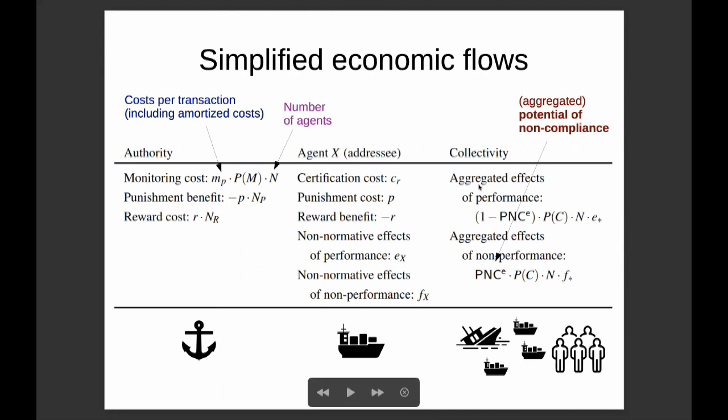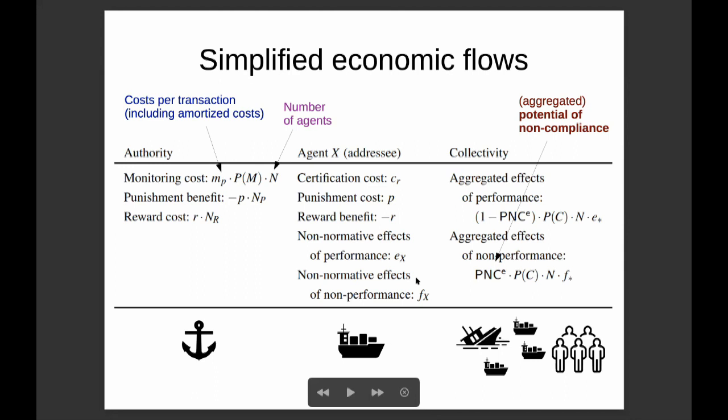From the point of view of the collectivity, performance and non-performance bring other effects, E star from performance and F star for non-performance, which we suppose to be linearly additive for simplicity. So the aggregated numbers come by considering the number of agents, the number of cases in which the norm is applicable, and the number of complying or non-complying agents.